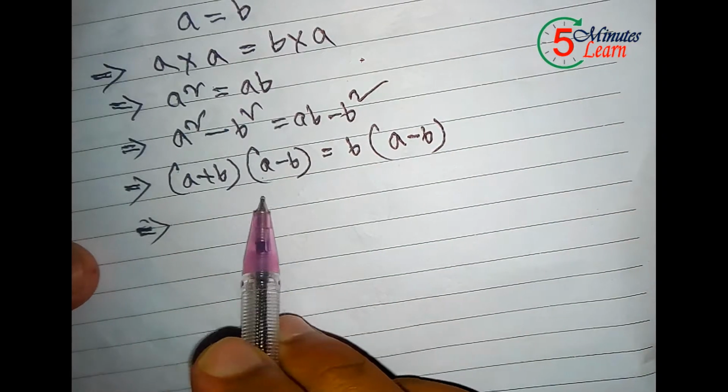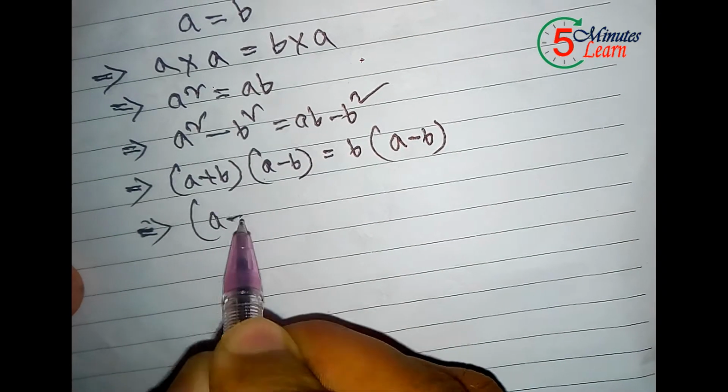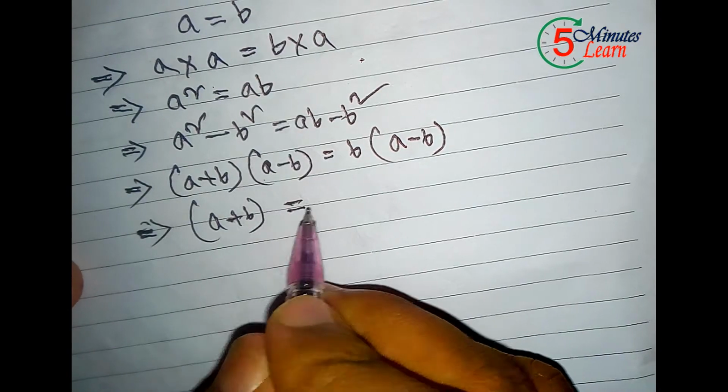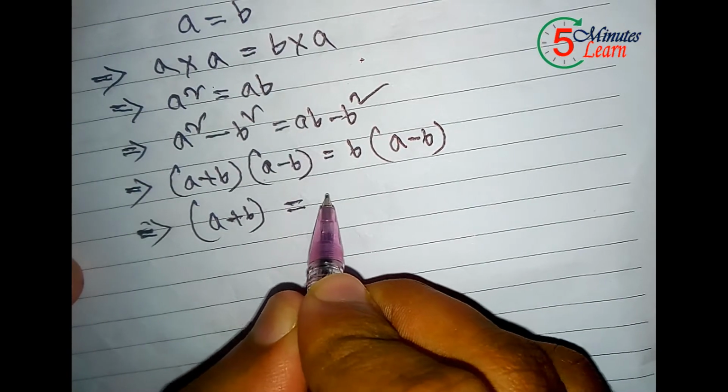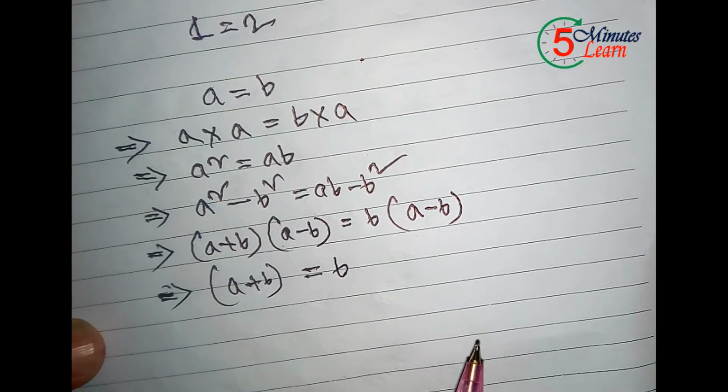So here A minus B is common on both sides, so we can cancel A minus B from both sides. After cancelling A minus B, the equation becomes A plus B is equal to B.